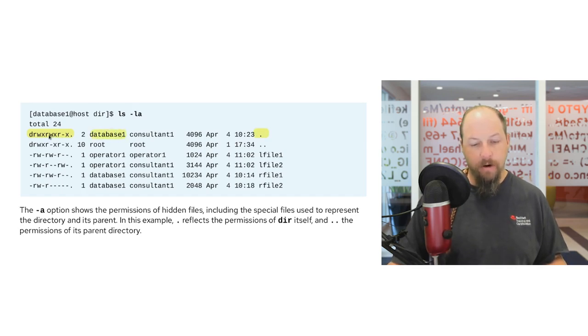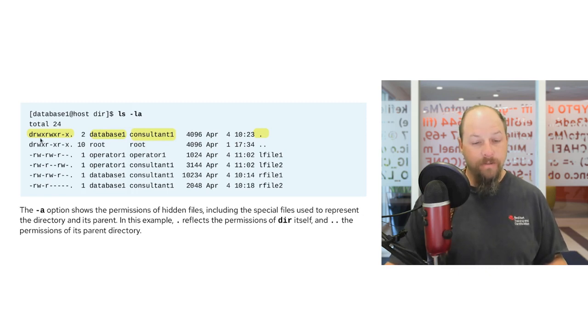We see that we have rwx for the second 3 permissions for the group consultant1 that owns this directory. And lastly, everyone else will inherit read and execute permissions if they're neither the database1 user or a member of the consultant1 group.